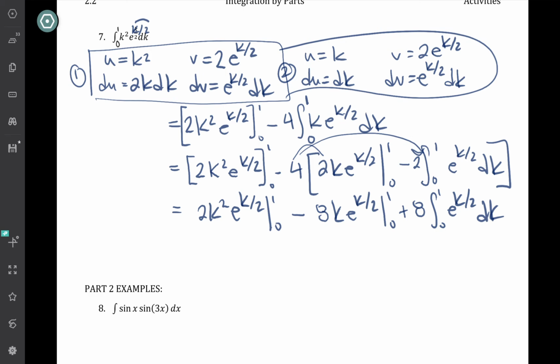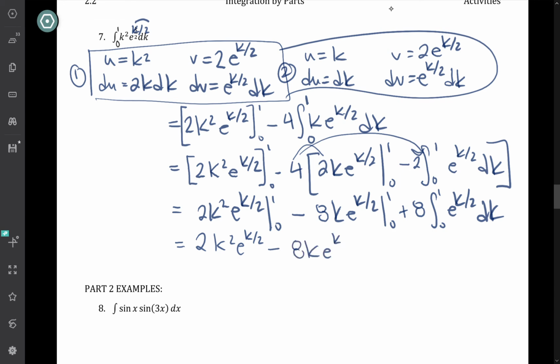Okay, so we get 2k squared e to the k over 2 minus 8k e to the k over 2. Since I'm going to be done integrating here, I'm saving up that evaluate stuff for the very end. Plus, the antiderivative of e to the k over 2 is 2e to the k over 2.